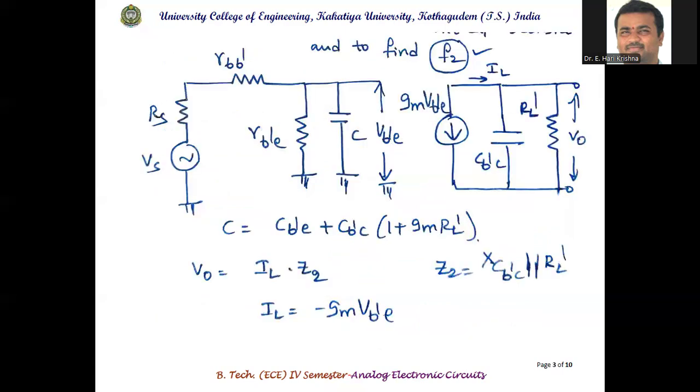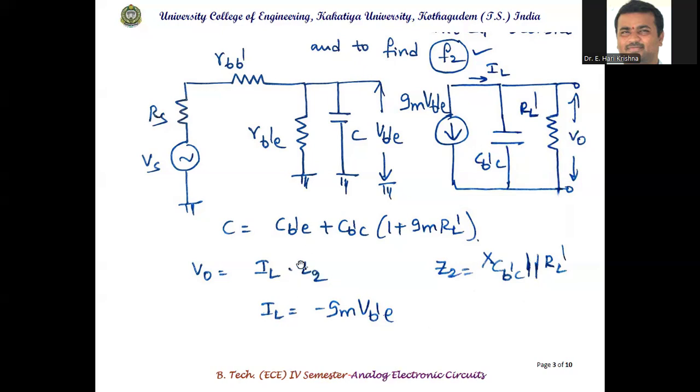So this is the diagram. Vs, Rs, RBB', RB'E, C, which is CB'E plus CB'C into (1 plus gm RL'), and RL'. The voltage across this parallel combination of resistor and capacitor is VB'C. The dependent current source is in parallel with the internal capacitor and load resistor RL', taking the voltage across the load resistor.